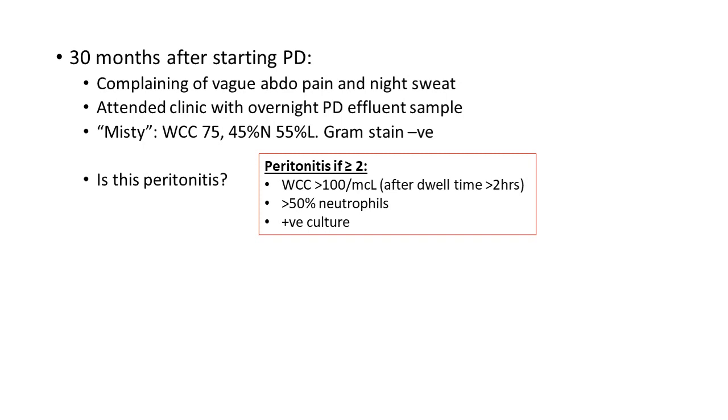The neutrophil count should be greater than 50%. In our case, it's less than 50%, and there should be a positive culture. In our case, the gram stain was negative, and I'll tell you now, the culture was negative. So by ISPD guidelines, this person did not have PD peritonitis.